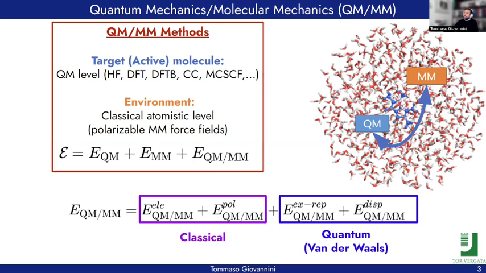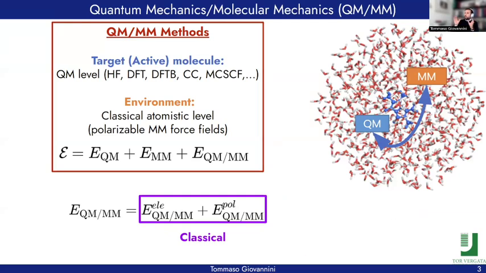Of course, as I said, the MM part is treated by means of a classical force field. This means that generally, when you use QM/MM approaches, you focus on determining how electrostatics and polarization affect your electronic structure. So you limit your attention to electrostatics and polarization.